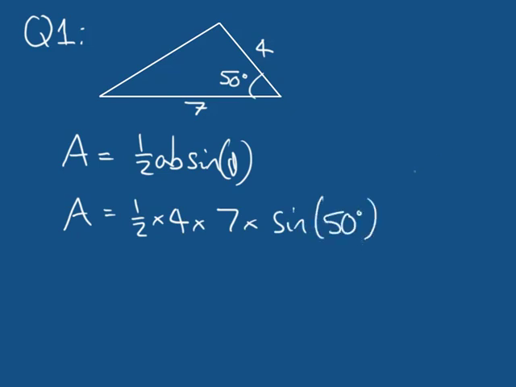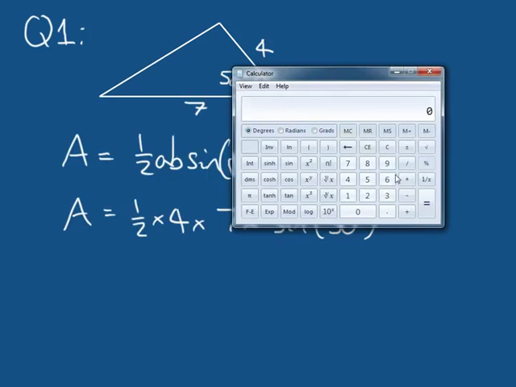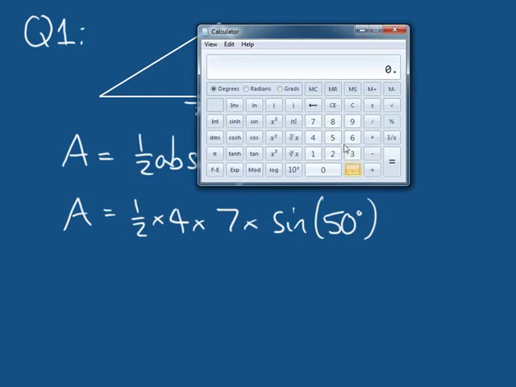So if we then use a calculator for this, we're going to take 0.5, which is a half, times 4, times 7, I know that's going to be 14, and then we can multiply that by the sine of 50. Well, I am in degrees, so the sine of 50 is 0.766.